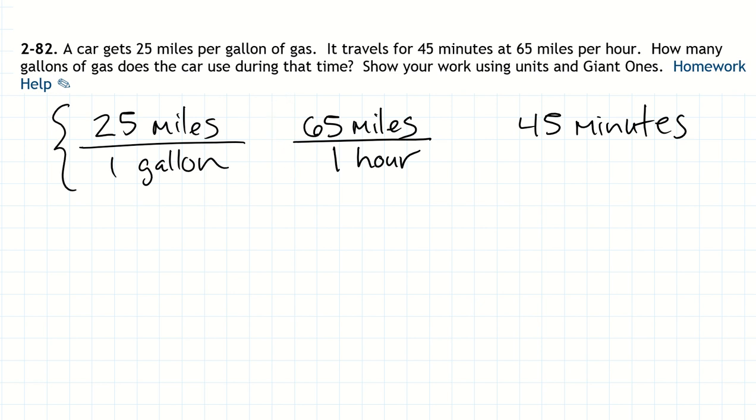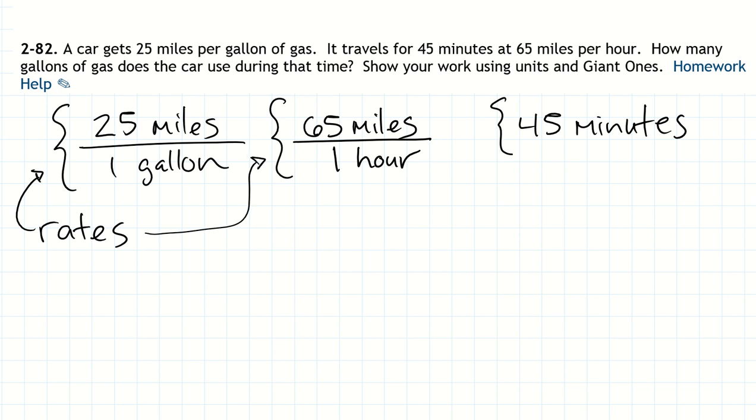This is a rate and this is a rate, and these rates are given to me in the context of this problem. And also they're giving me this other quantity, and it is time, right? But this is just given: we're given 45 minutes of travel. And what we want to get out of this is a number of gallons that we're going to consume. So it says show work using units and giant one.